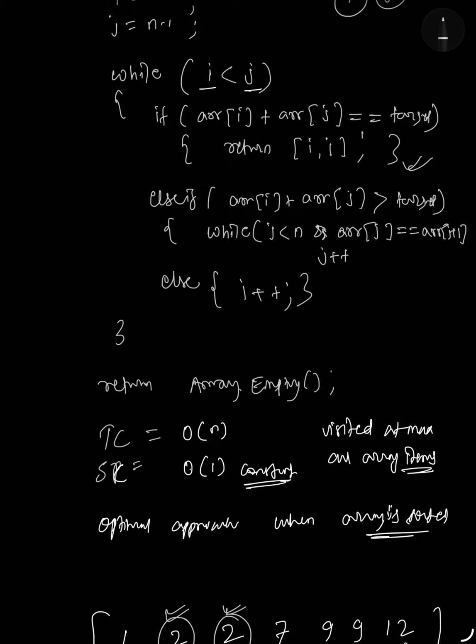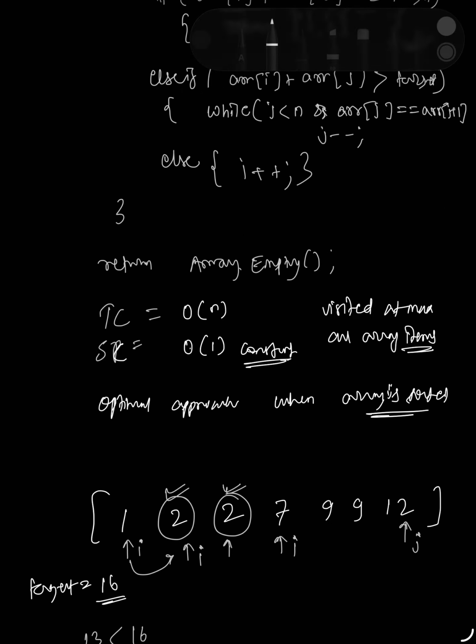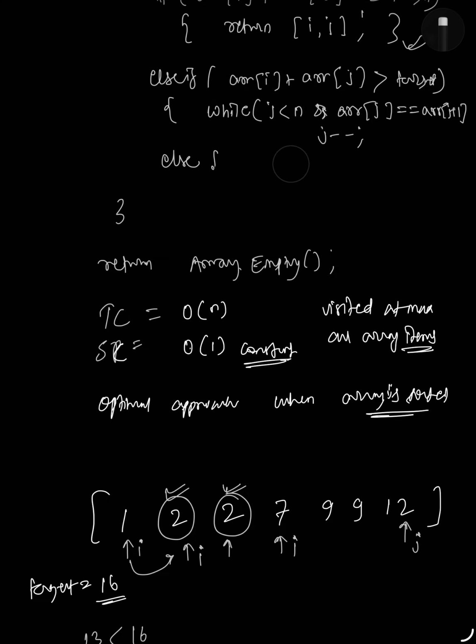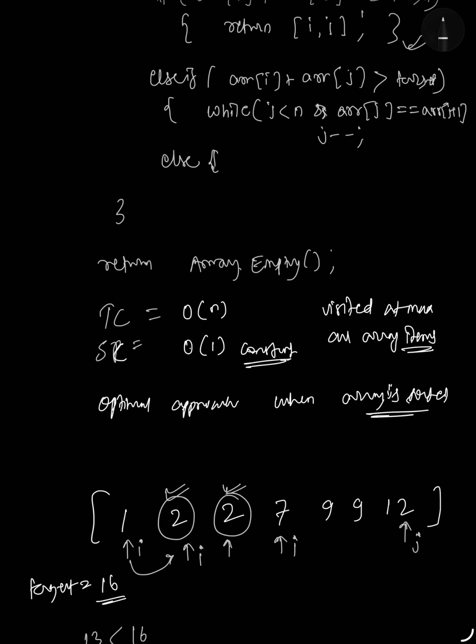Sorry, we are reducing the jth position, my bad. And the same goes for the else case, because this was for the i case. So we will say: while i is less than n and array of i is equal to array of i plus 1, then we will do i plus plus.